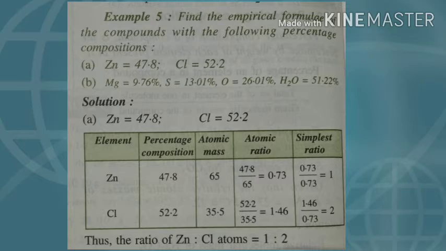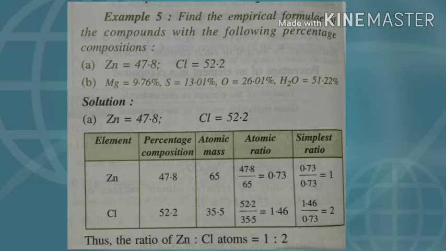And how to find out the atomic ratio of chlorine? The same way, you have to divide the percentage composition of chlorine by its atomic mass. What's the percentage composition of chlorine? 52.2. What is its atomic mass? 35.5. So the atomic ratio of chlorine is 52.2 divided by 35.5 and its value is 1.46.